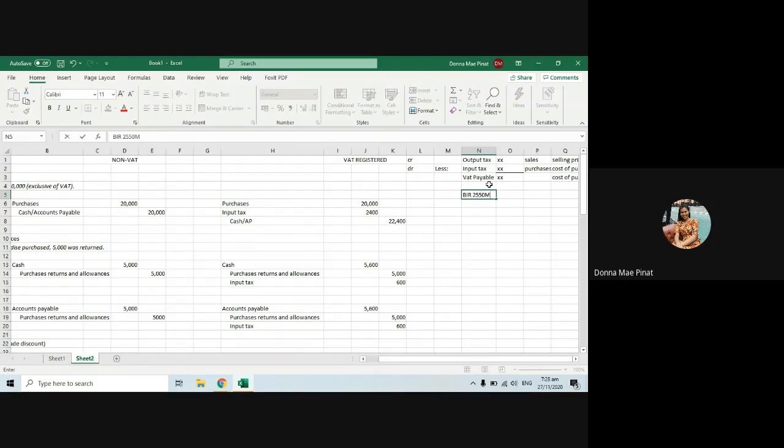M for monthly, Q for quarterly. I think ang ginabuhat is every 20 days jud na, whether quarter or monthly, 20 days jud na siya gina-file. So basta 2550 M or Q, that's your VAT return. Okay.